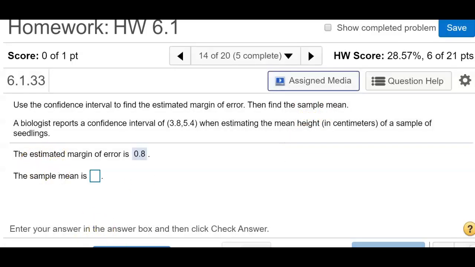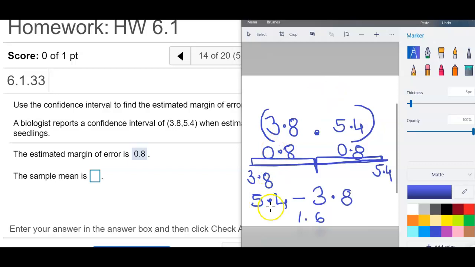Now what's the next one? They're asking me to find the sample mean. That is very easy. Once I have my margin of error, I simply take my margin of error and add it to the lower limit. So I can get my sample mean, which is x bar. Remember, sample mean is always in between, and this distance is 0.8.